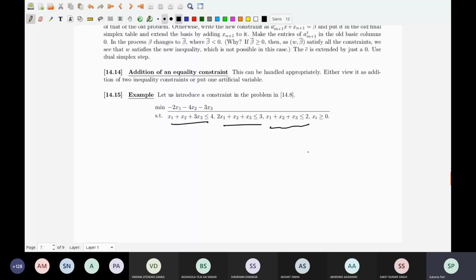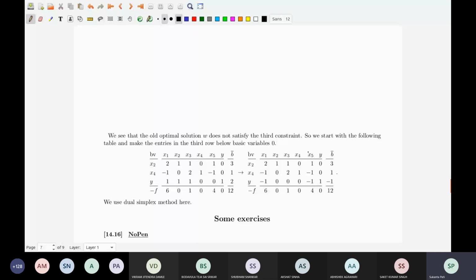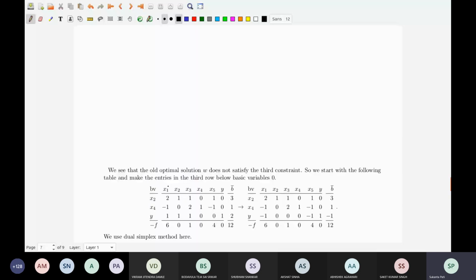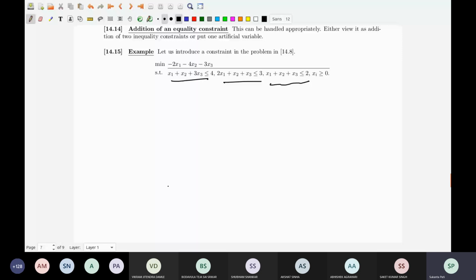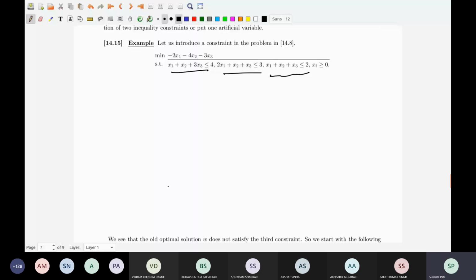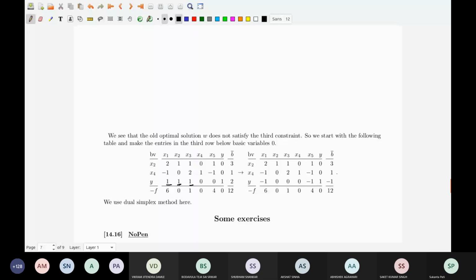First you have to write down the constraint. Remember, the new constraint was x1 + x2 + x3 less than or equal to 2. So you write x1, x2, x3, and then a new variable that you are adding, equal to 2, no problem. But you have to remember that x2 and x4 were earlier columns 1, 0 and 0, 1.